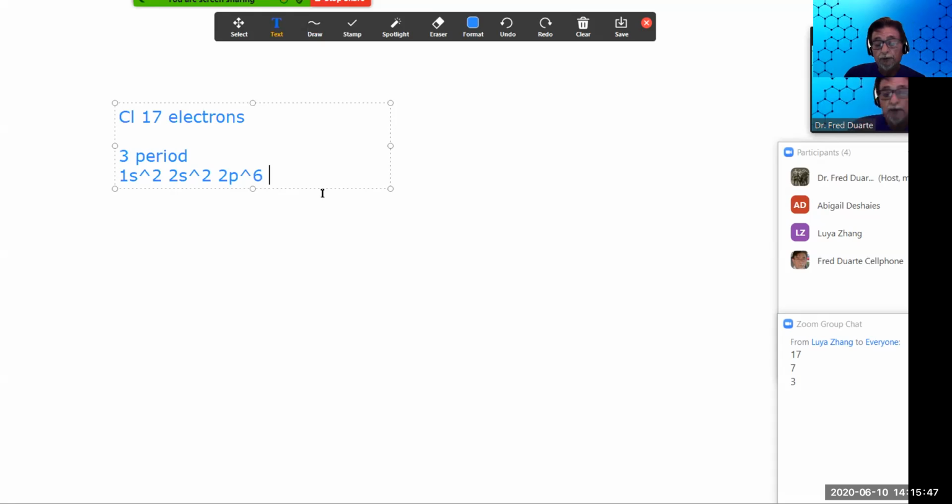We know chlorine's in the 3rd period, so we're going from left to right. So 3s2 gets full. And then we're shooting across into the P elements, and we just count the columns, and it's 3p5. We should have a total of 17 electrons right there. These are the valence electrons, 7 of them, which corresponds to it being in group 7.